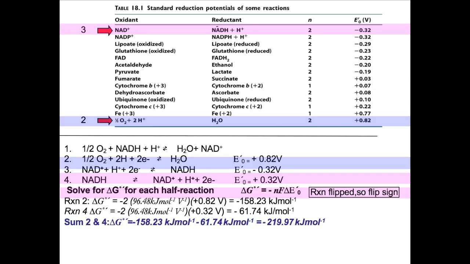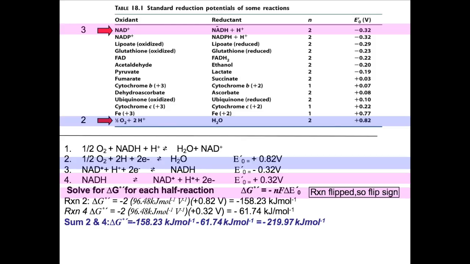And so we have to flip this half reaction, and we get reaction number 4. NADH yields NAD plus a proton plus 2 electrons. And because we flipped the half reaction, we also have to flip the sign. And so this electron transfer potential becomes positive 0.32 volts. I hope you got that.